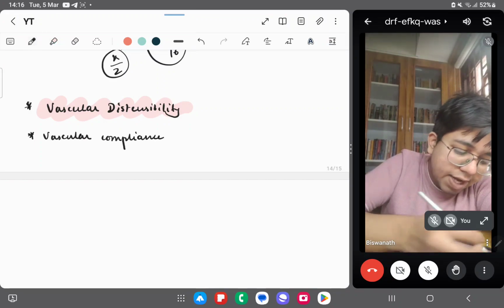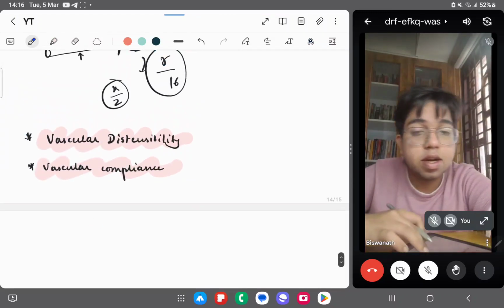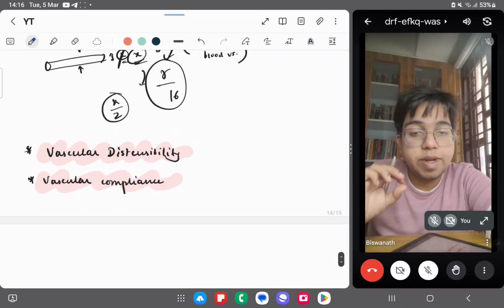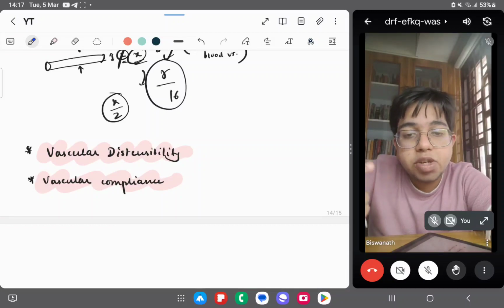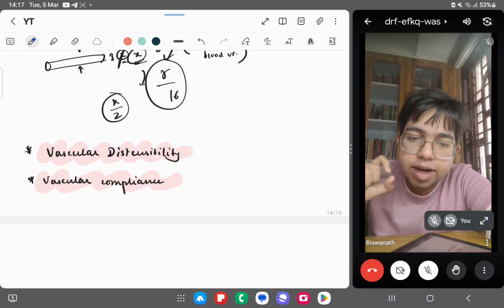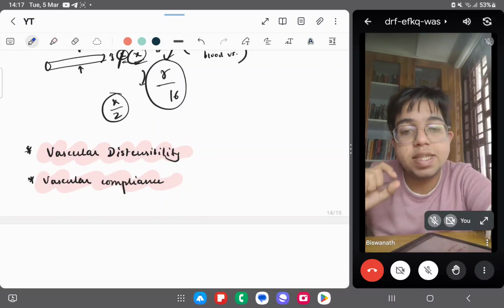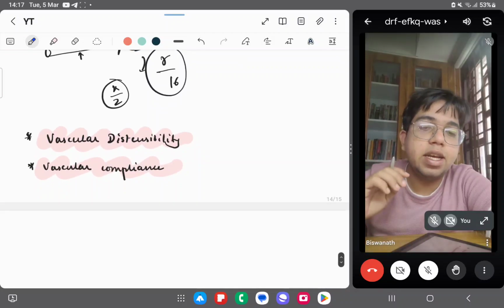Vascular distensibility: vascular means related to blood vessel, and distensibility means the ability to get distended. So how much you can distend a blood vessel is basically its vascular distensibility.